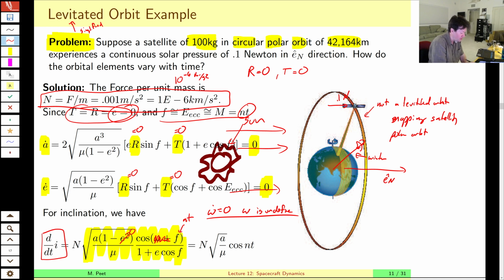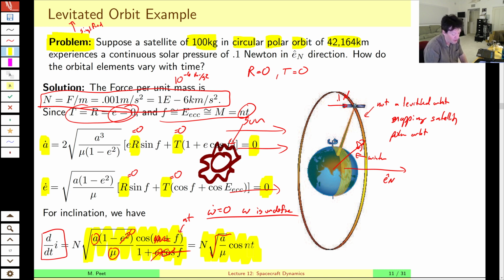This is 0. This is 0. So we get rid of that expression, and the only thing we have left is the square root of a over mu, and then, of course, cosine nt. So we have a relatively simple expression for the rate of change of the inclination.